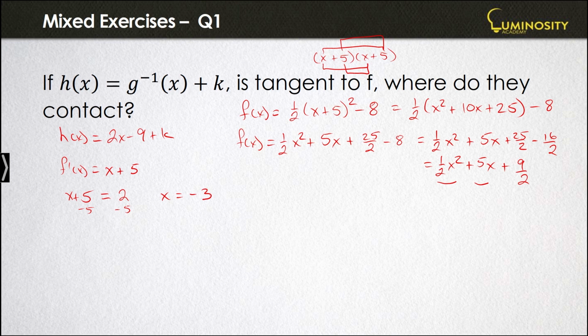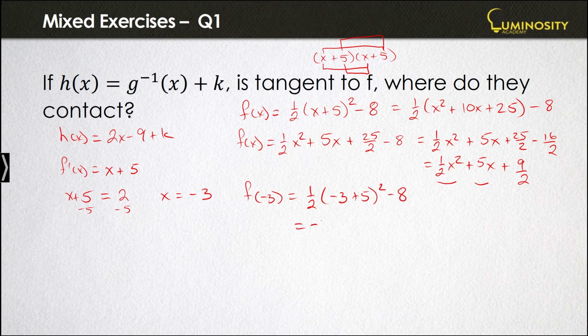From here, all we need to do is substitute it back in and see what we get. So remember, it's tangent to f, so this is going to be the point at f as well. So we can just substitute this back into f. So we have f of negative 3 equals 1/2 negative 3 plus 5 squared minus 8.